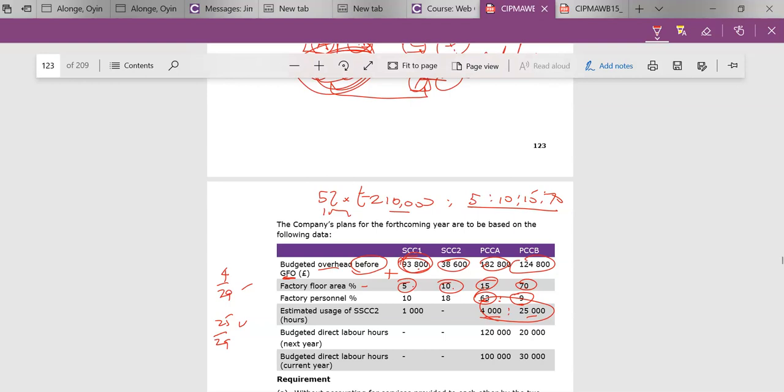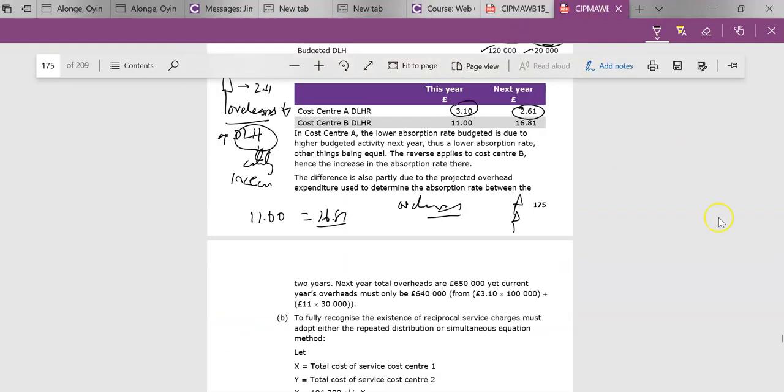So I have here factory personnel 10%, 0.1 times 104,300. That's 10,430. Let me just come here.